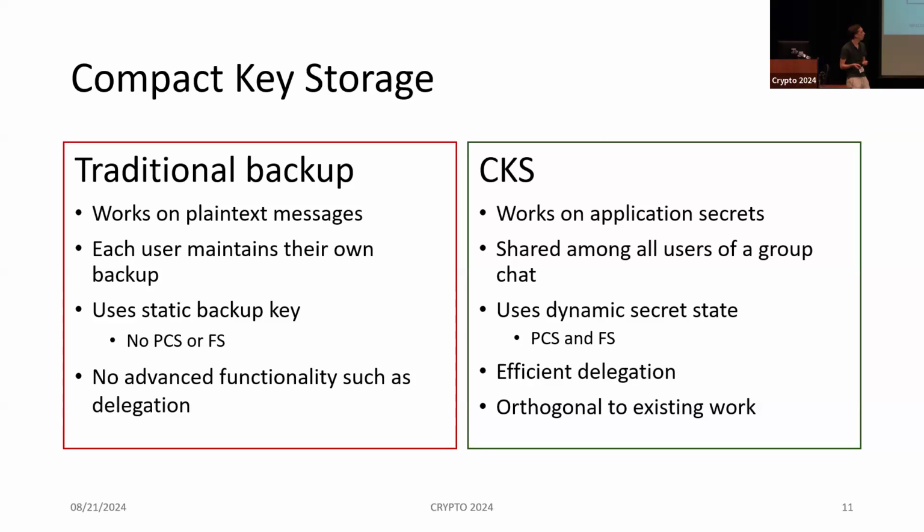It also supports some advanced functionality. For instance, some of the schemes support delegation. Let's say you have a friend who shows up, and you want to give him access to part of your chat: you could delegate part of those application secrets in an efficient manner. And just to remember, what CKS does is mostly orthogonal to what existing work on backup did.